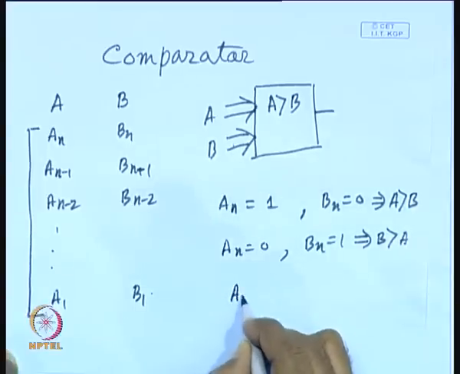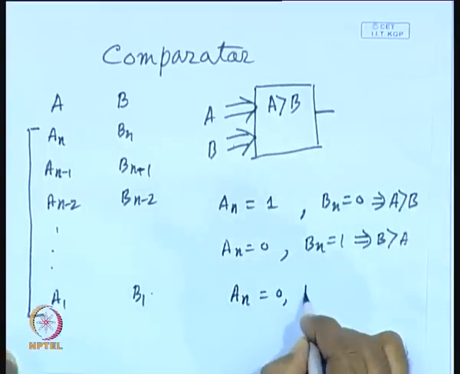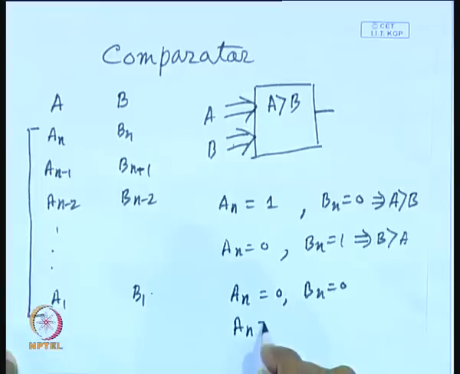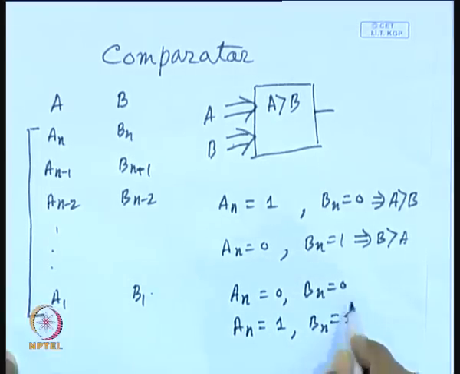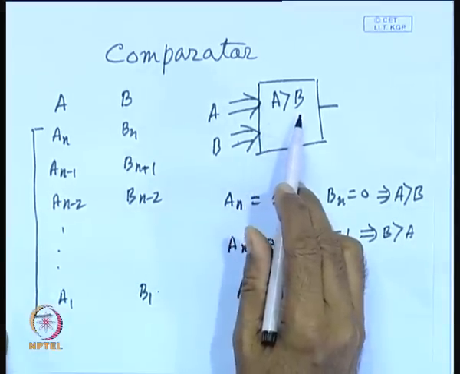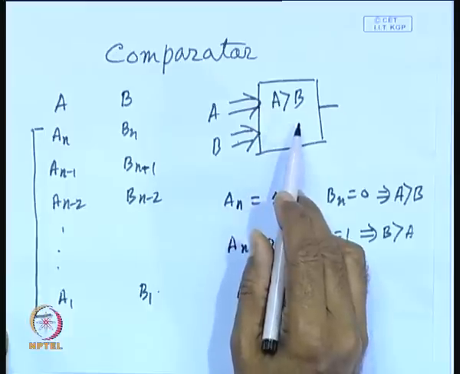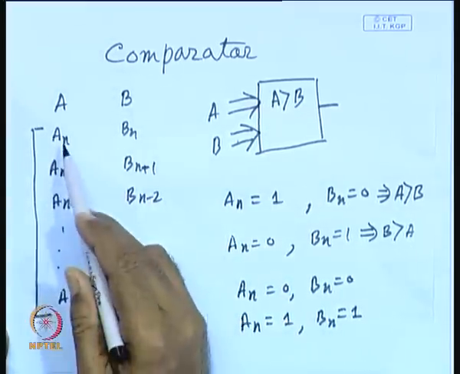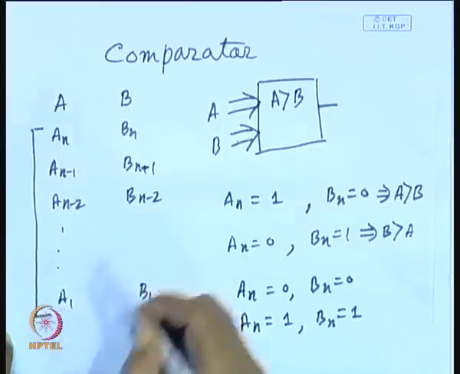However, when a n is equal to 0 and b n is equal to 0, or a n is equal to 1 and b n is equal to 1, in these two cases, to determine whether a is greater than b or b is greater than a, you have to take into account the other bits.